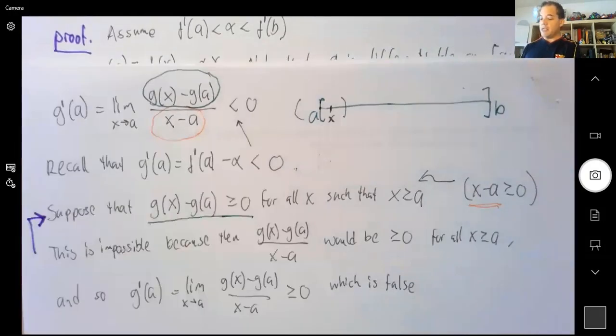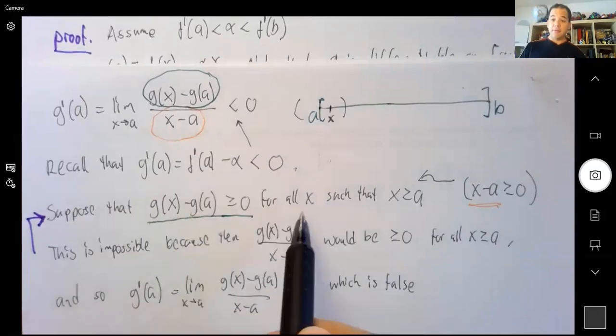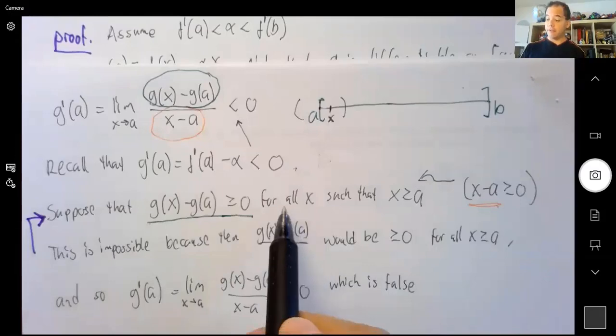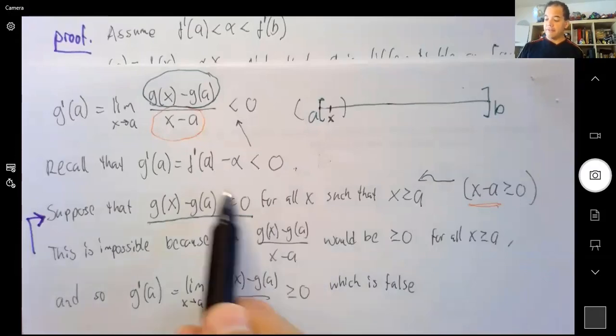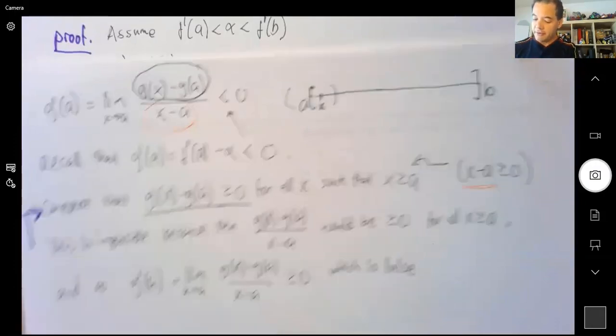So what does that mean? Well, it means that this doesn't happen for all x's, right? So there must be at least one x, so there must be some x where this is the other way around. So let me write that down.